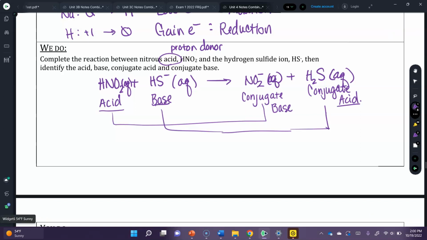Okay, and the way to also check this is if you flip the arrow around, and we wrote it this way, does the acid give a proton to the conjugate base? Does the conjugate acid give a proton to the conjugate base to give you the other side of the reaction? If it does, then you wrote it correctly. So we're going to flip the arrow back around, so that way we're all straightforward.